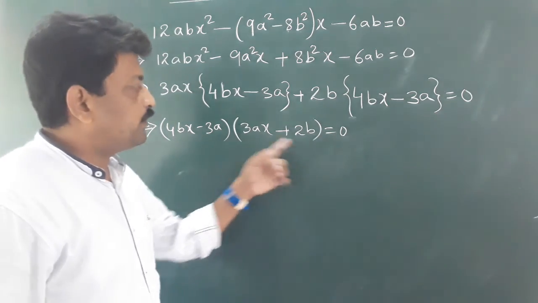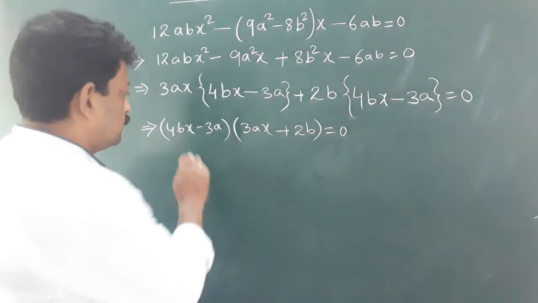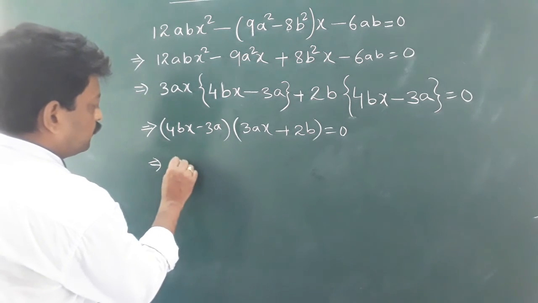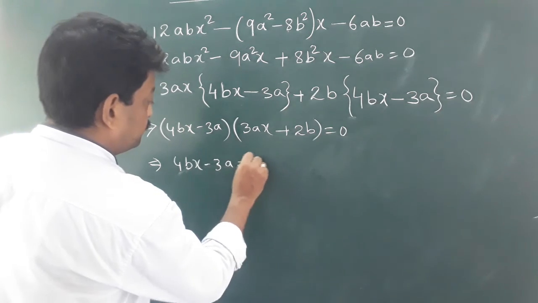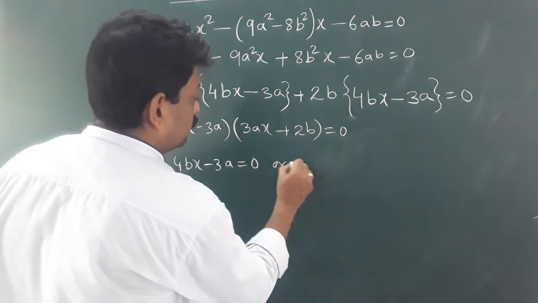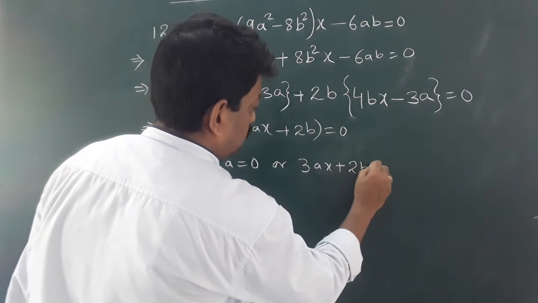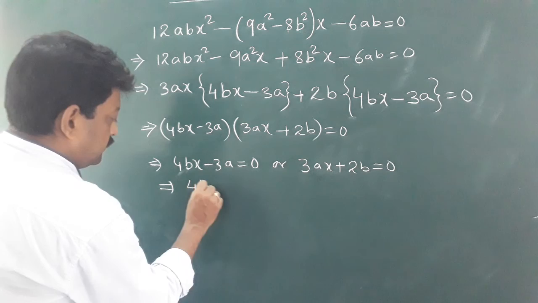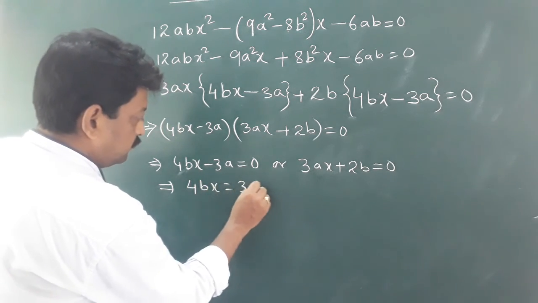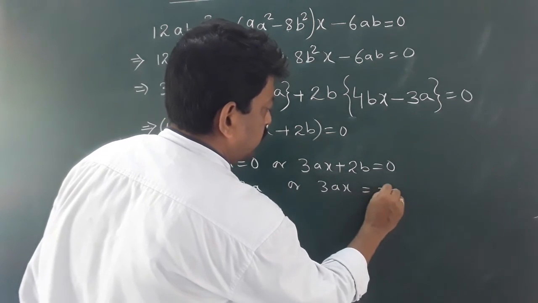Now the product of these two factors is 0. So either the first one is 0 or the second one is 0. So we can write 4bx minus 3a equals 0, or 3ax plus 2b equals 0. So 4bx equals 3a, or 3ax equals minus 2b.